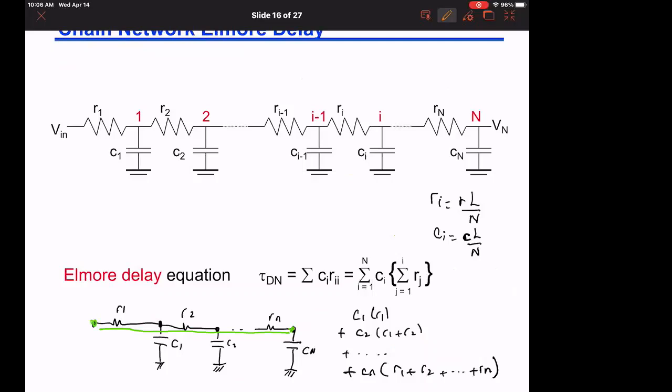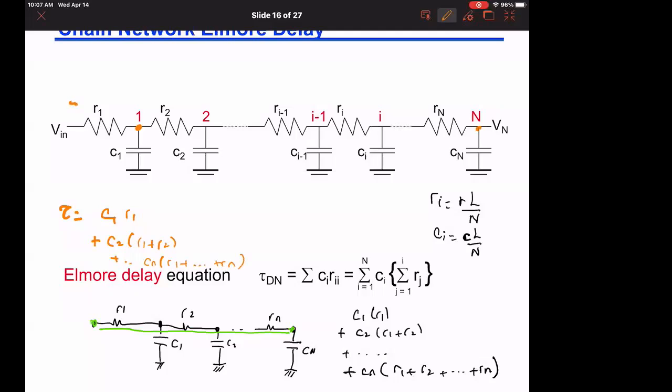If I apply the same formula, and the reason I'm repeating this is that we're going to add a driver here in a little bit, then at node 1, if all of these are equal capacitors, the time constant tau will be equal to C1 times R1 plus C2 times R1 plus R2 plus Cn times R1 up to Rn.